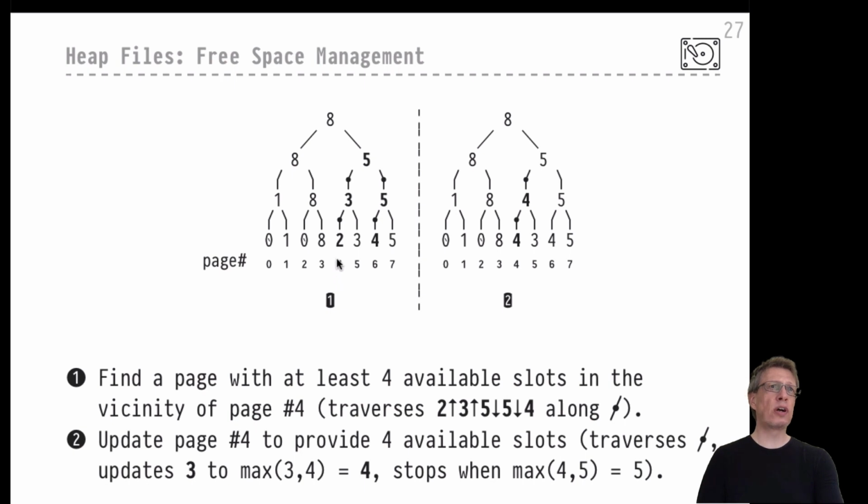So our search would start here at page 4. We want to find free space in the vicinity of page 4. Page 4 only has 2 free units available.